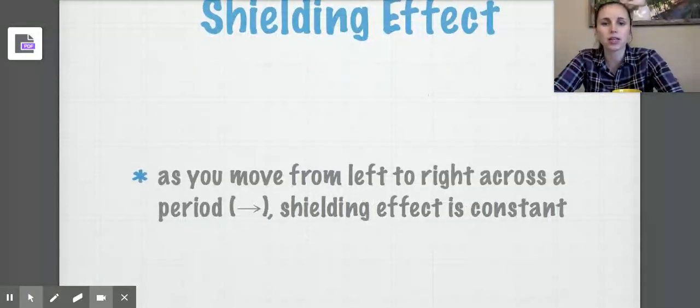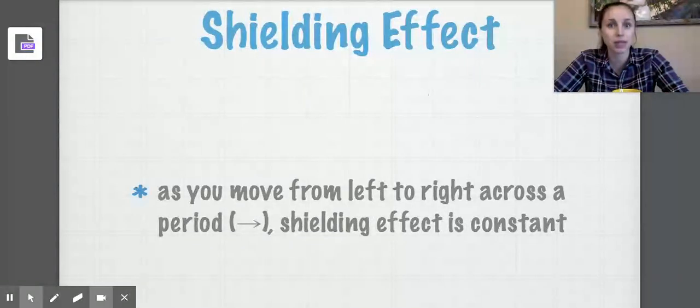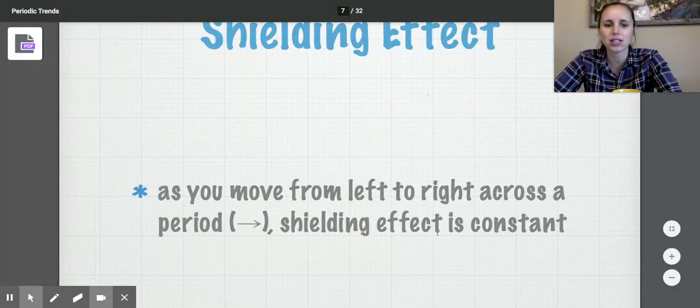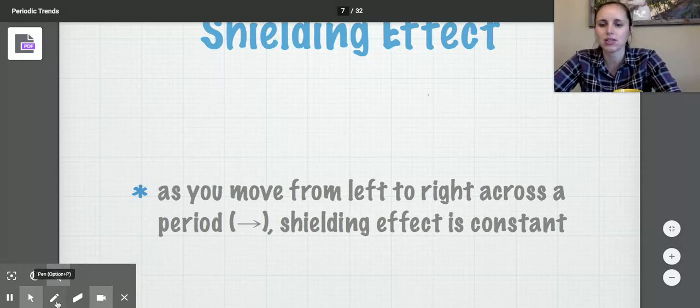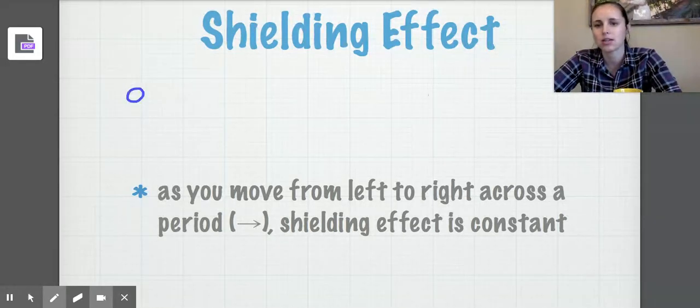So let's talk about shielding effect in terms of how it affects trends in the periodic table now that we know what it is. As we move from left to right across a period, shielding effect is constant. Let's draw the shells. Let's start with lithium, which has 1 valence electron on the second shell.